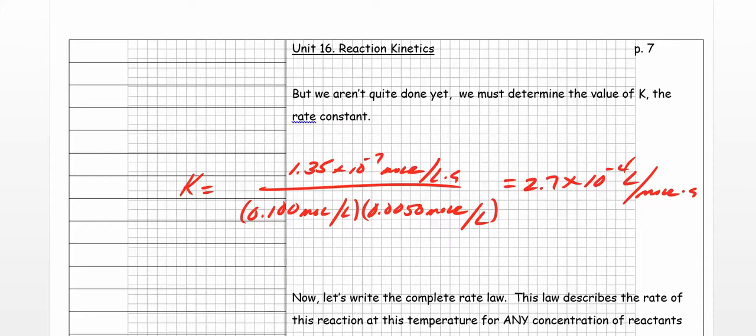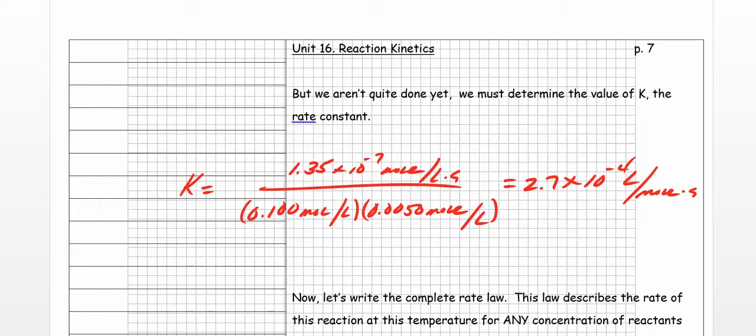That was moles per liter per second, the unit for rate, divided by the concentration of 0.100 moles per liter, the concentration of one of the reactants, times the concentration of the other reactant, 0.0050 moles per liter. And we get this number, 2.7 times 10 to the minus 4.